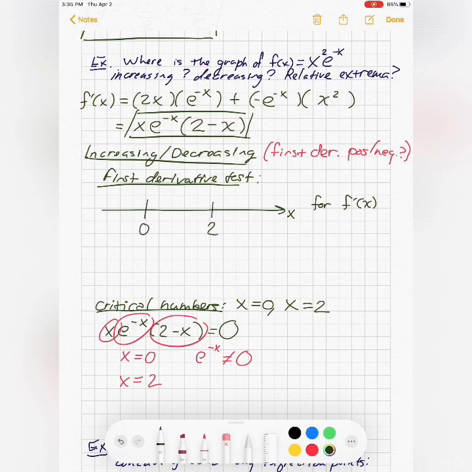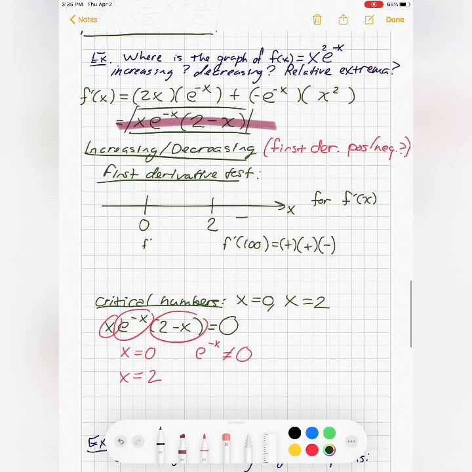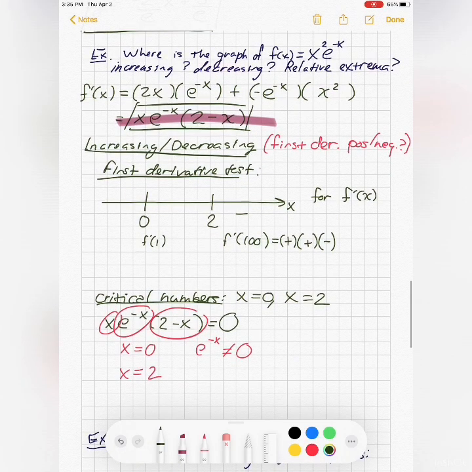So I'm going to put those on the sign chart. And then I'm going to test. So I'm looking at my derivative. And I'm picking something, I don't know, put a big number in there, 100. Okay, well, let's see, x would be 100 positive, e to any number is positive, 2 minus 100 is negative. This would be negative. What about f prime of 1?